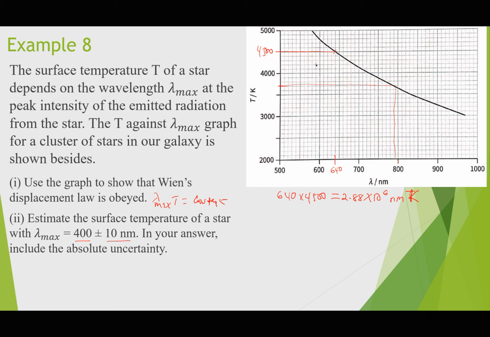So at that point I have 790. That is the wavelength times temperature. So this is 500, 600, 700, 3,700.